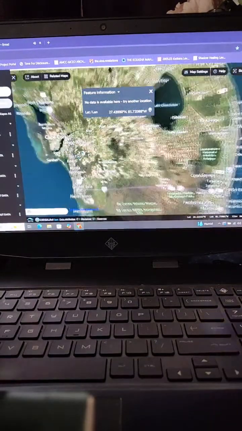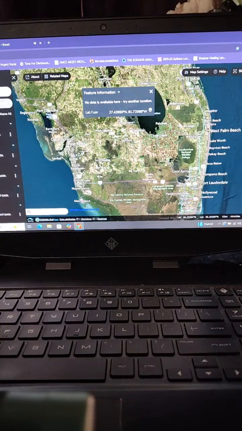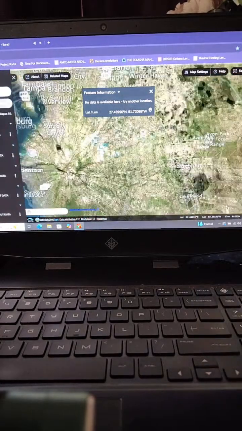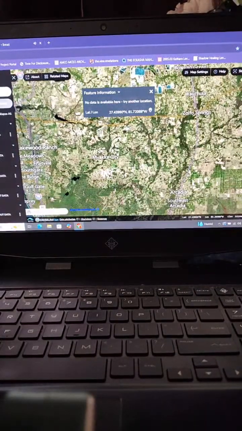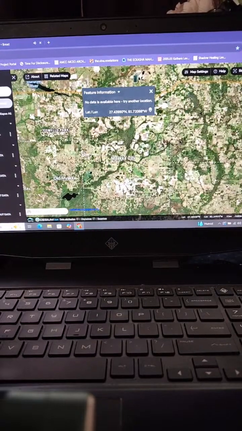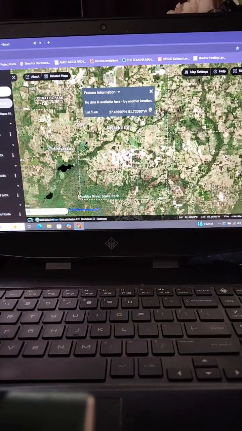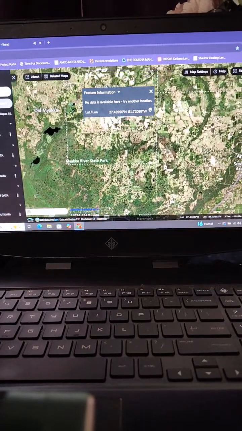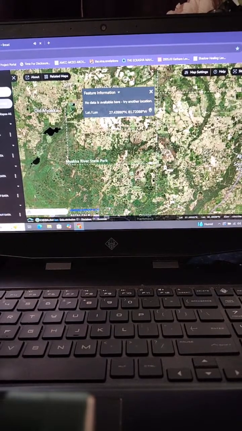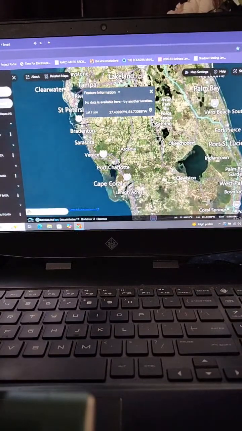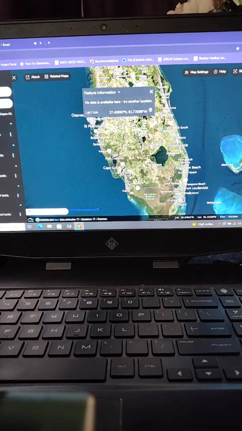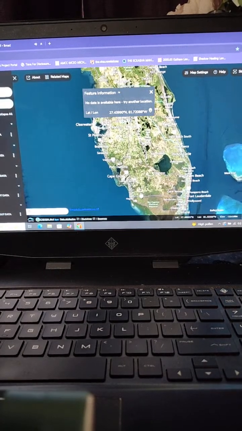That's not it. There's Sarasota right there. Okay, so there it is, Mayaca River State Park right there. Somewhere in there is a Stargate. And we know that Stargates are cloaked on the planet.